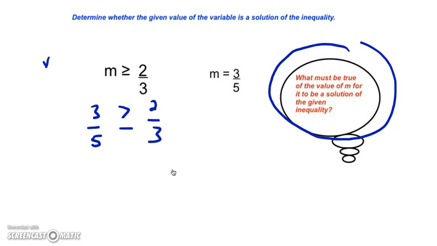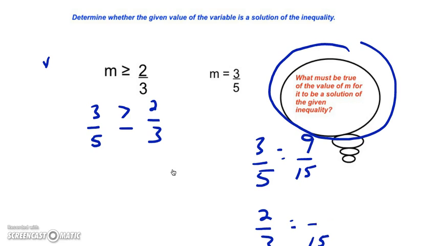This is hard to compare because they have different denominators, so let's find a common denominator. The least common denominator of 5 and 3 is 15, so 3/5 is equivalent to 9/15, and 2/3 is equivalent to 10/15.